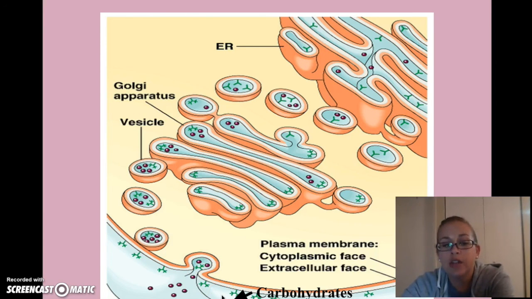So they're going to stay away from the cytoplasm. So the carbohydrates, when it's inside a vesicle or part of a vesicle, it's going to be towards the inside. And that is really helpful because then when that vesicle meets up with the cell membrane and opens up to release things to the outside of the cell, then the carbohydrates are on the right or the correct side of the cell membrane.